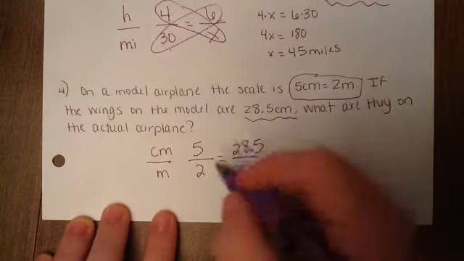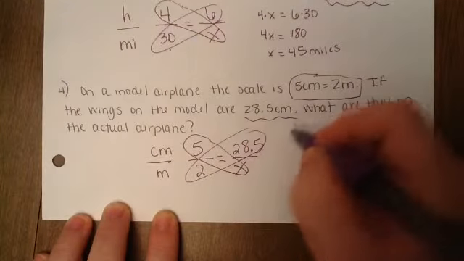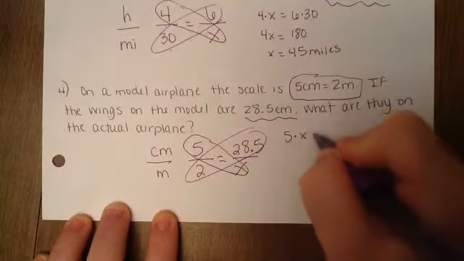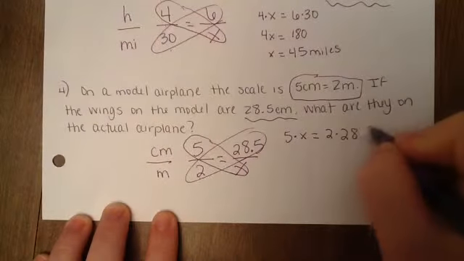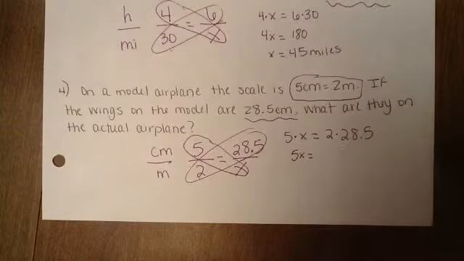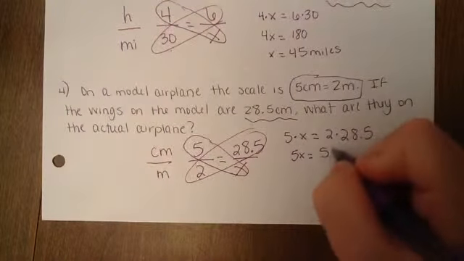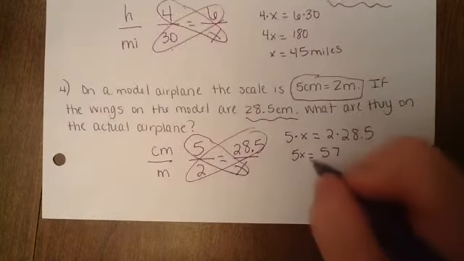So what do you do to solve? Multiply your diagonals. 5 times x equals 2 times 28.5. 5x equals 2 times 28.5 is 57. And how do you solve for x?